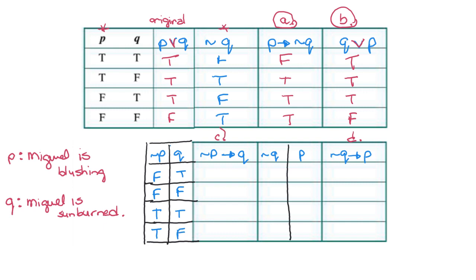And now I will go for my C statement. If not P, then Q. The conditional, if it starts true and it turns to false, this is the only time it will be false. The rest of the cases that do not match that will be true.